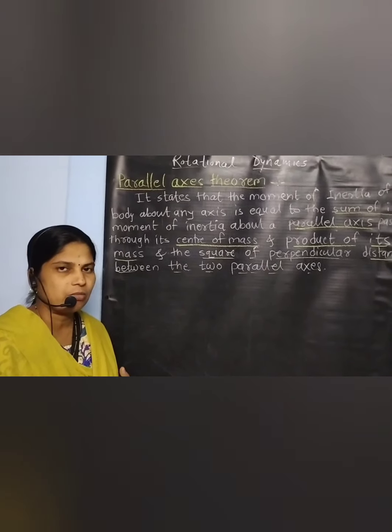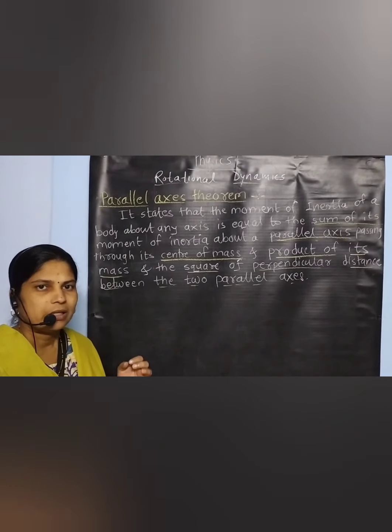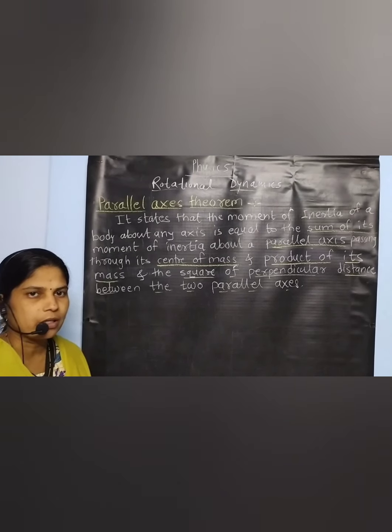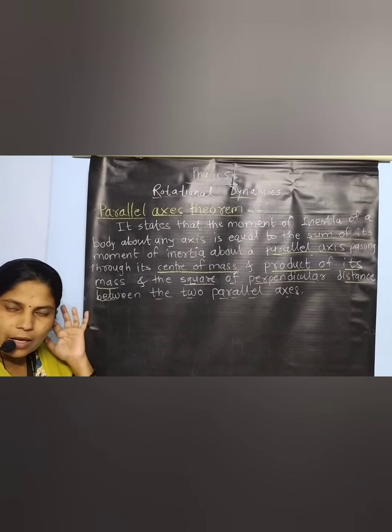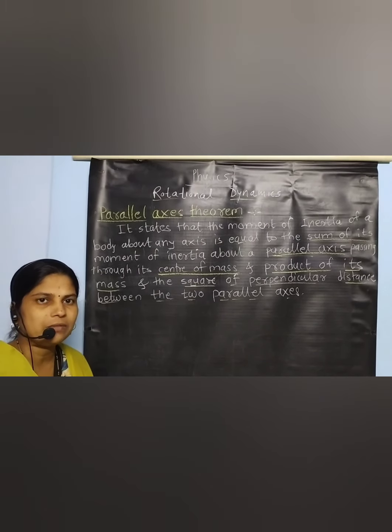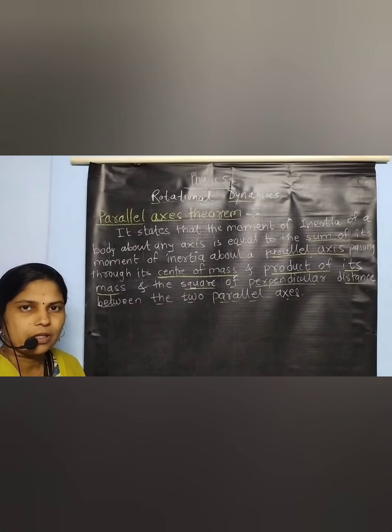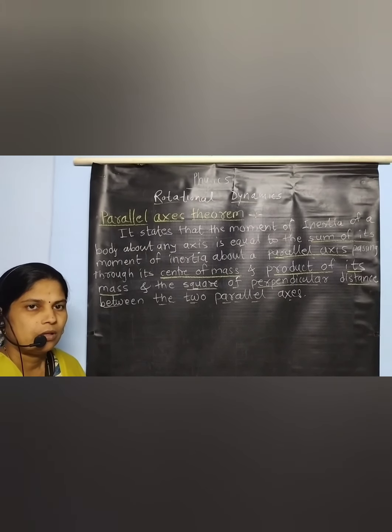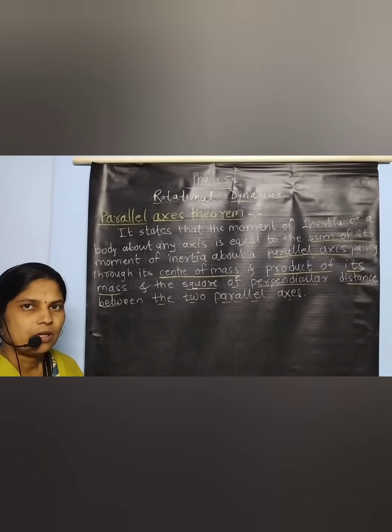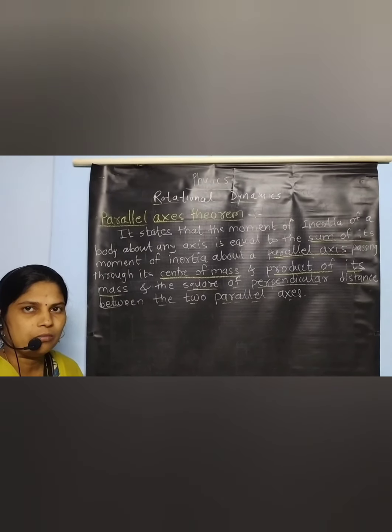For symmetrical bodies, the center of mass lies at the geometrical center, as does the center of gravity. But for non-uniform bodies, the center of mass is at a different point.